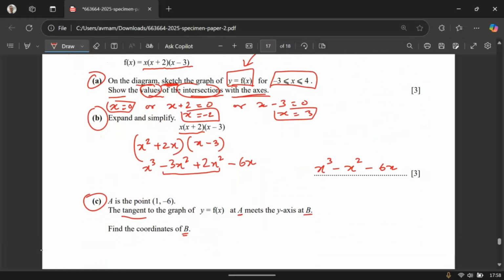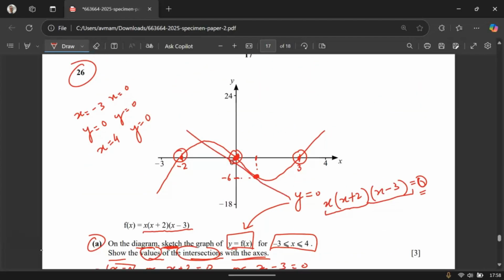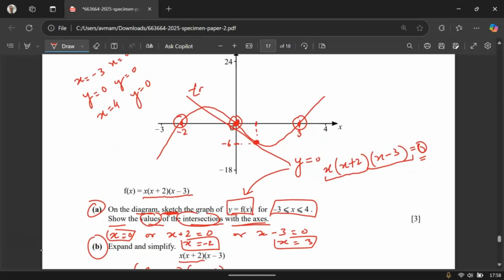And then let's go back to the question. The tangent to the graph of y equal to f of x at A meets the y-axis at B. A tangent is a straight line through point A touching the graph. Okay, tangent. Here we have this line.